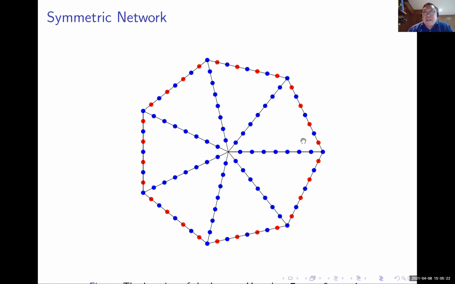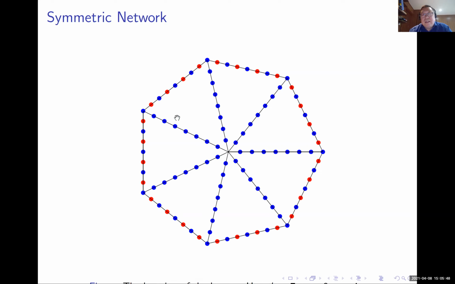You take a polygon of some size and put all the plus bumps, and then on the edge you take plus, minus, plus, minus, plus, minus, plus, minus. And you can show this is a balanced network, and it is closable and also flexible.